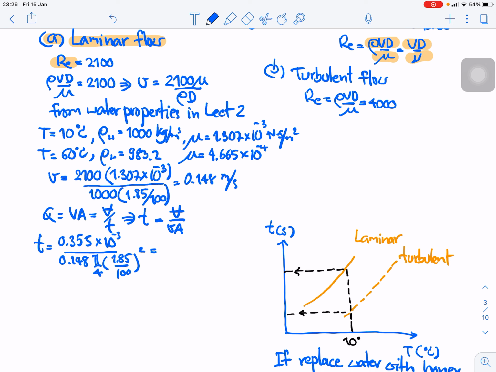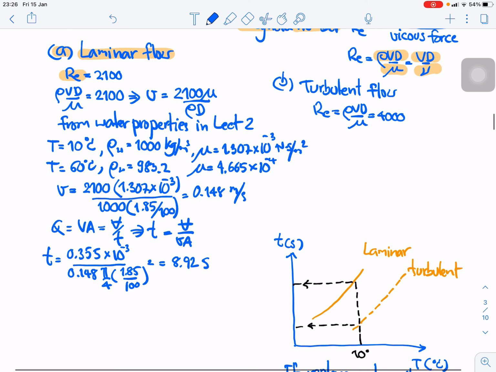So the time is about 8.92 seconds to fill up the glass.